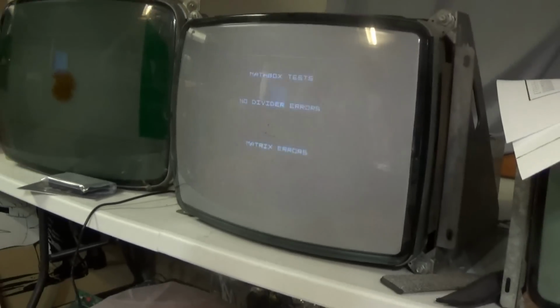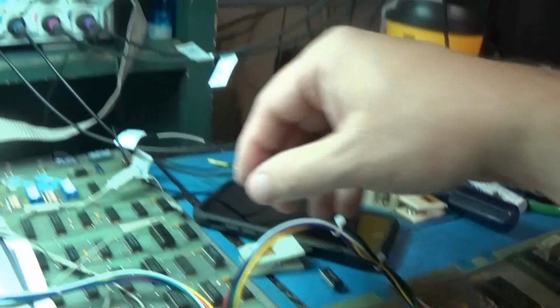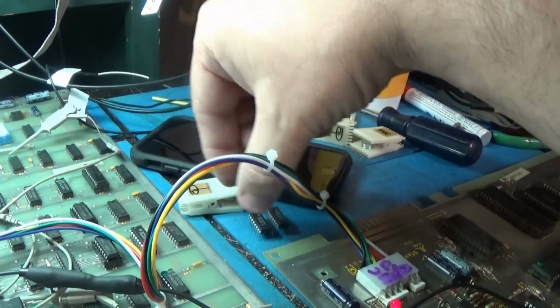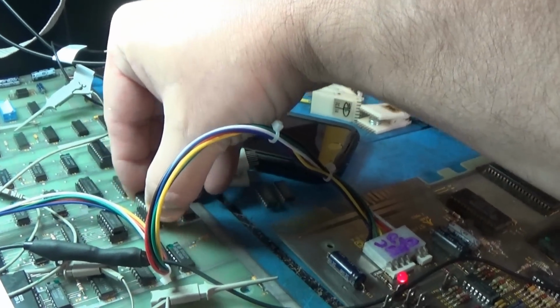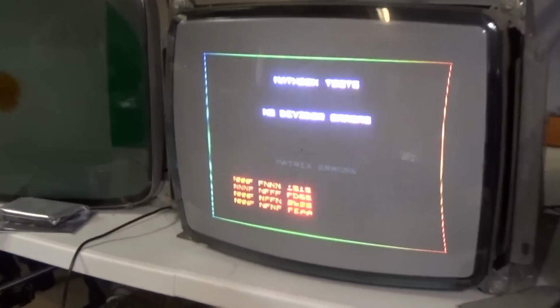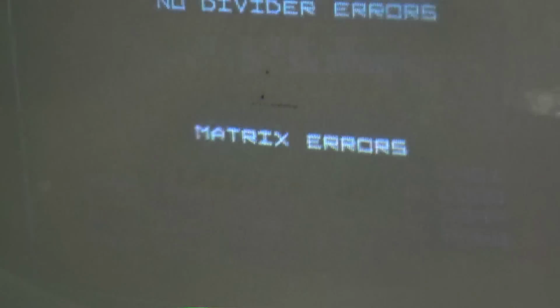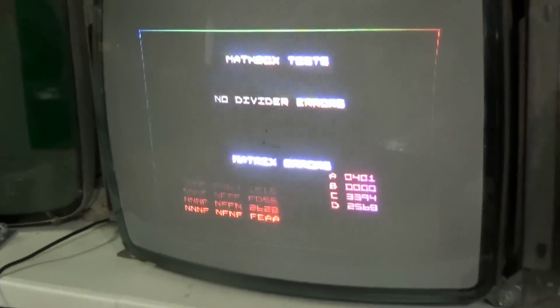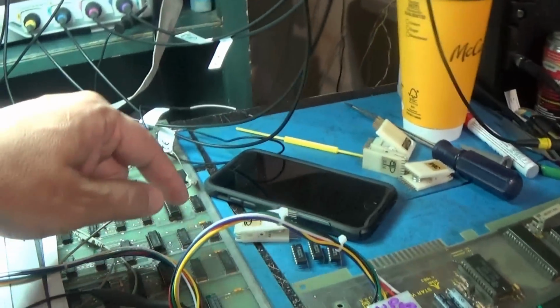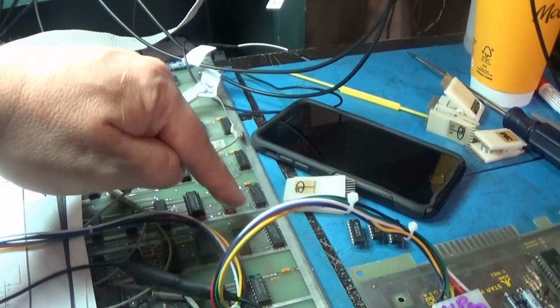And if I remove the others, let's remove this guy and this guy, all of my errors are back. So I did get lucky by just being able to jump those, and it cleared them right up. So it was this one, and this one.